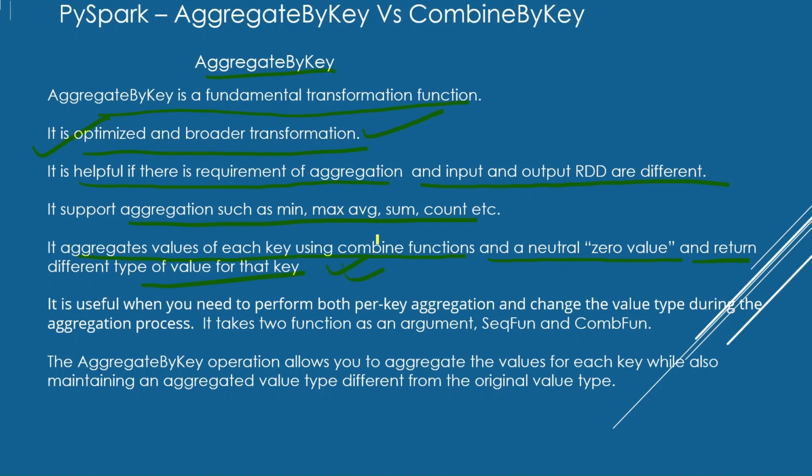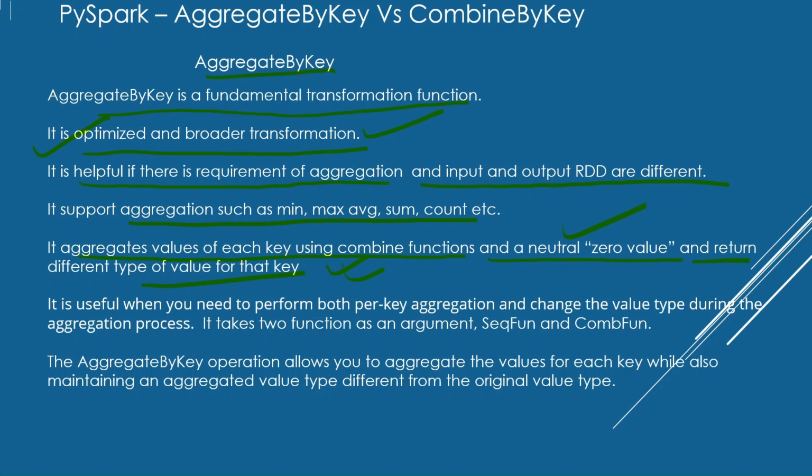To initialize the accumulator with a zero value, we use the neutral zero value. This is its main purpose: it initializes the accumulator per partition with zero.